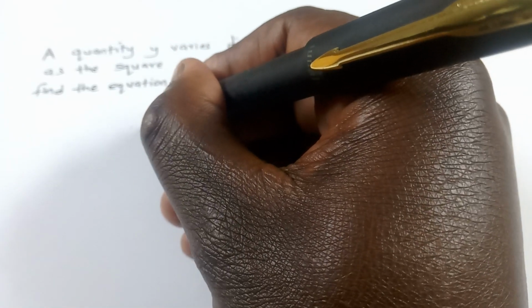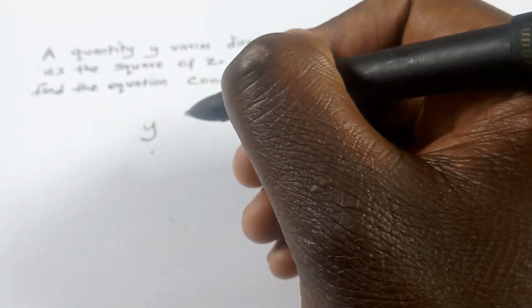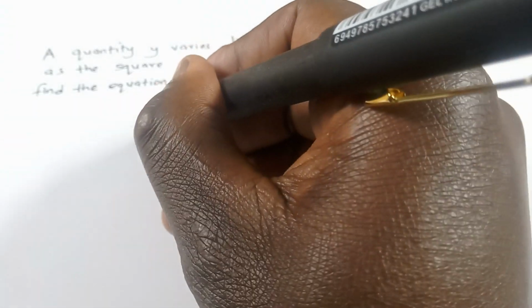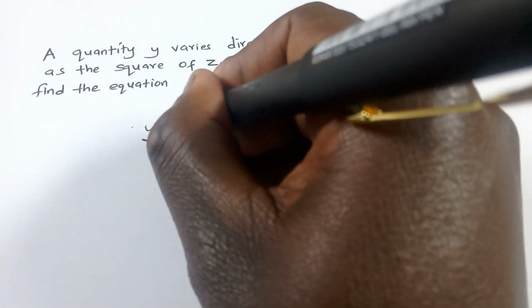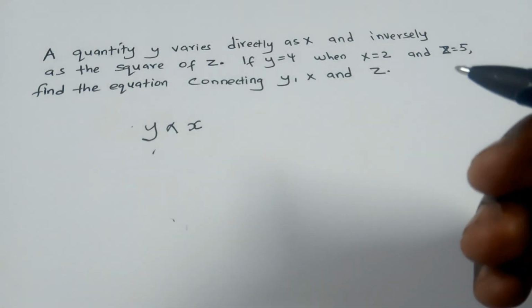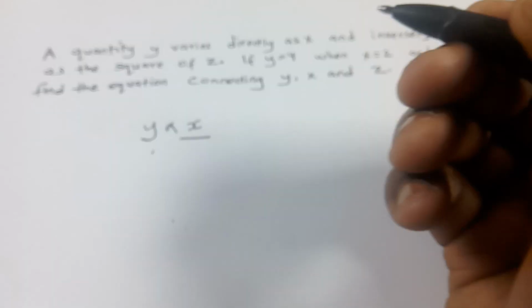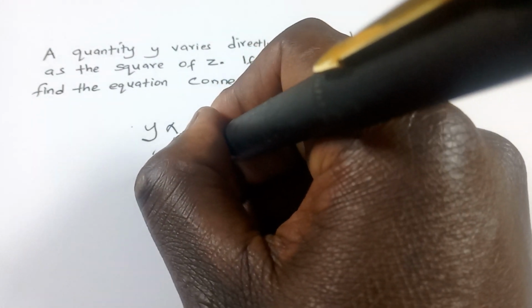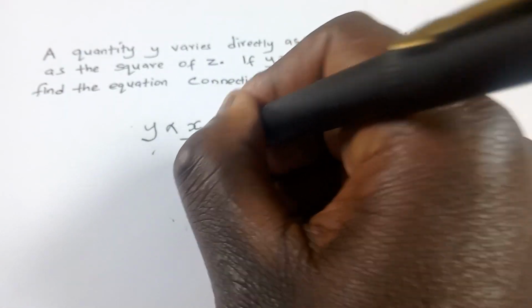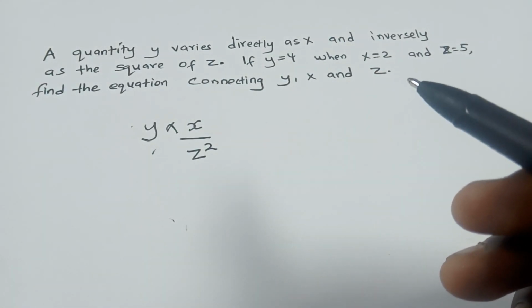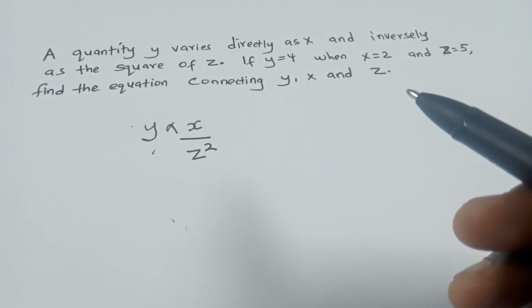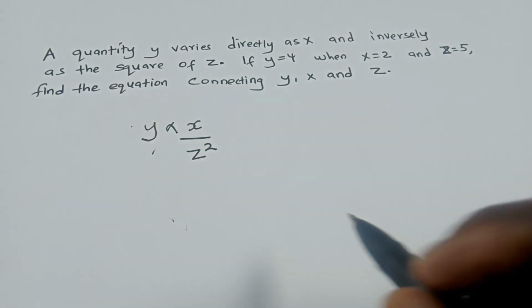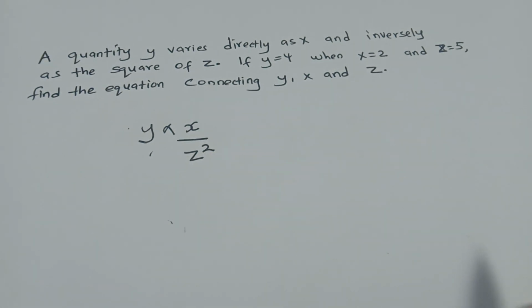A quantity y varies directly as x and inversely as the square of z. So that is our equation. Y varies directly as x and inversely as the square of z.